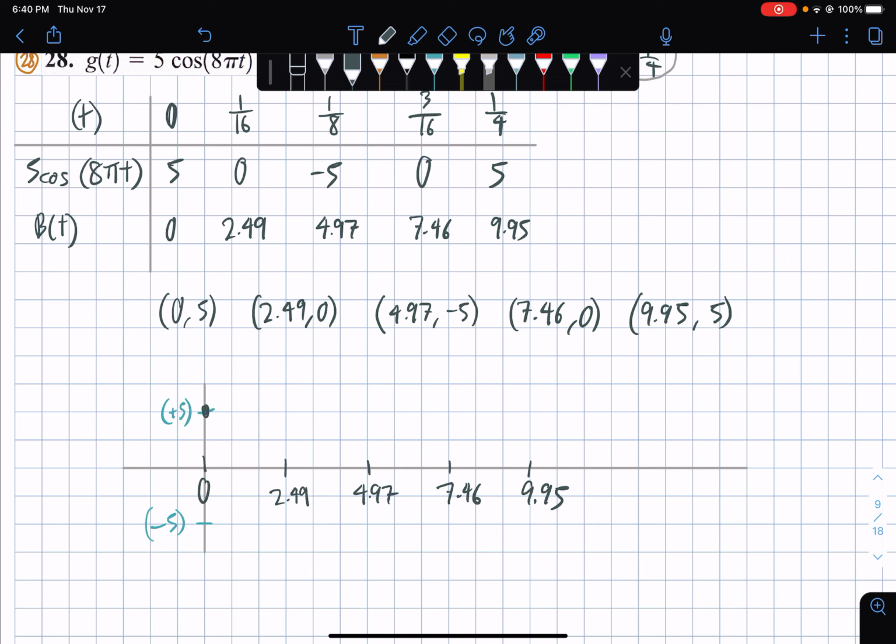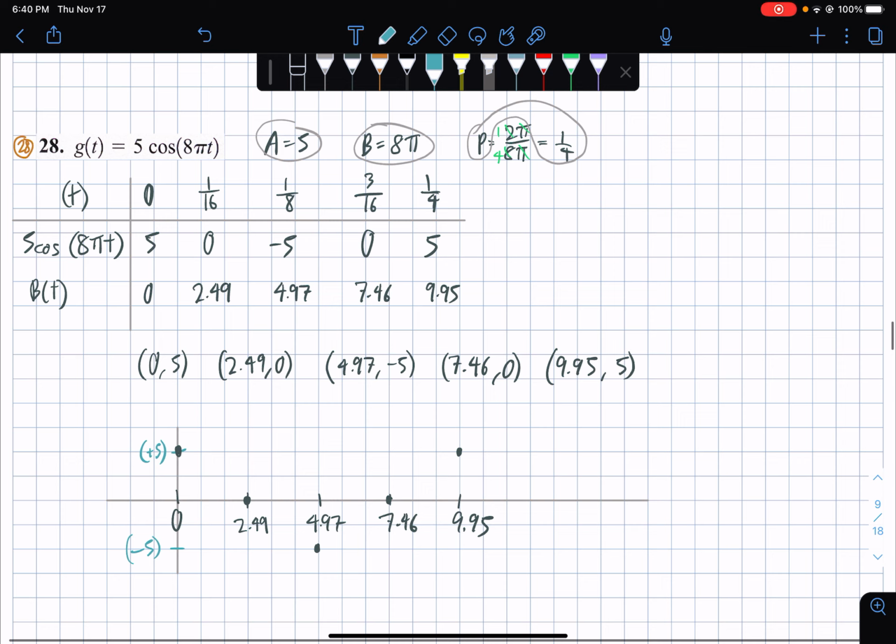So plot the points. Alright, now let's draw the curve. Illustrate it as accurately as possible. And yeah, that's what we have for number 28. Let's move on to 29.